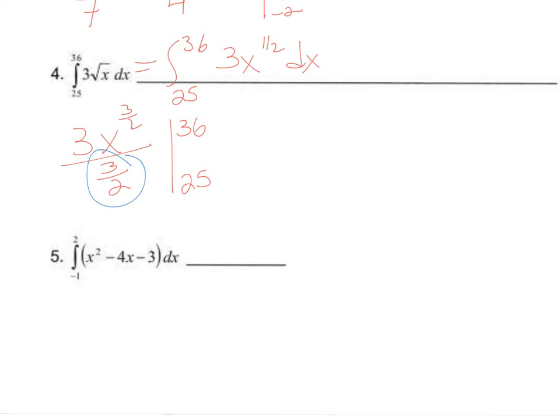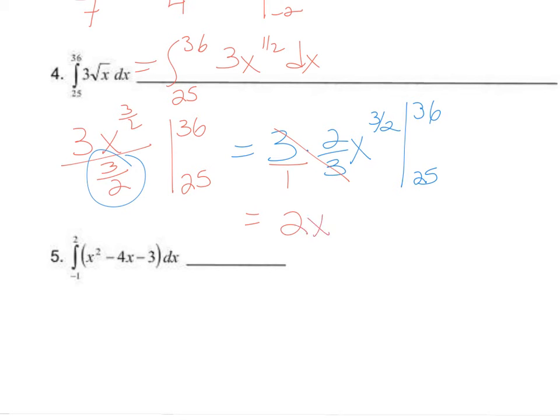We don't like to divide by this fraction, so instead we'll multiply by the reciprocal. And because we can multiply these coefficients together, the 3 divided by 3 is 1. So our final antiderivative is 2x to the 3/2 from 25 to 36.